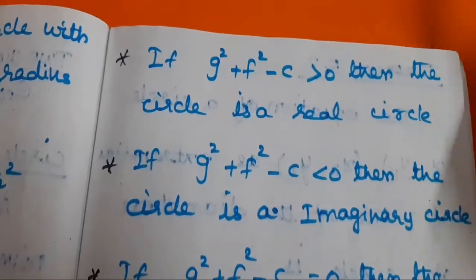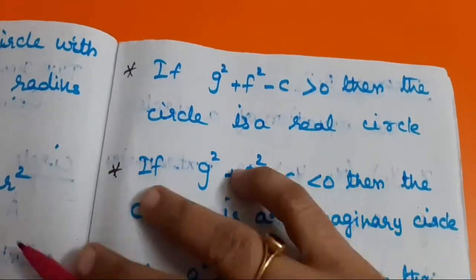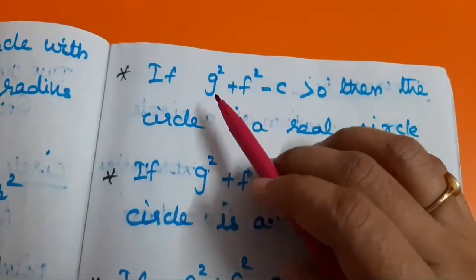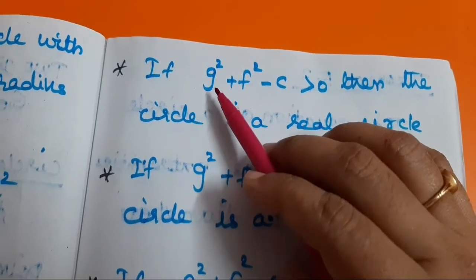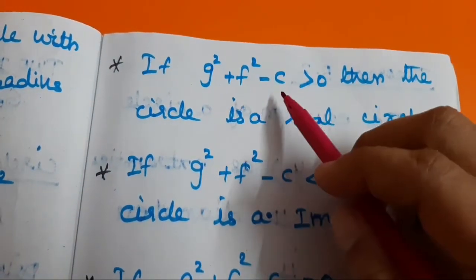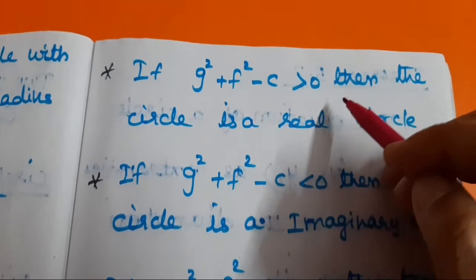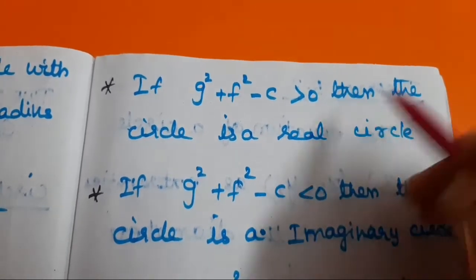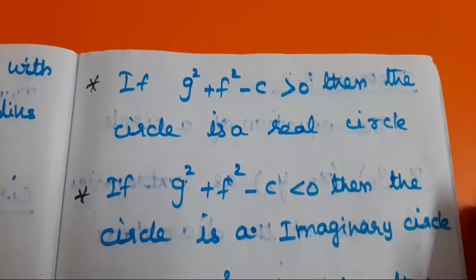Then, if the radius value, that is g square plus f square minus c, is greater than 0, that is a positive number, then the circle is a real circle.